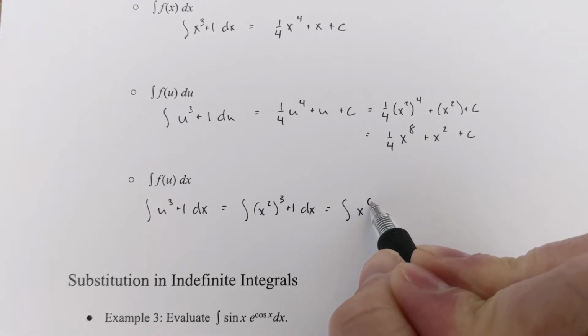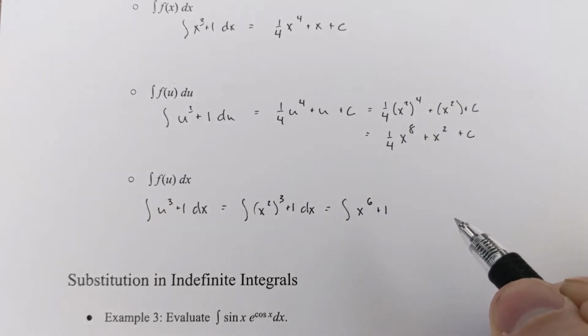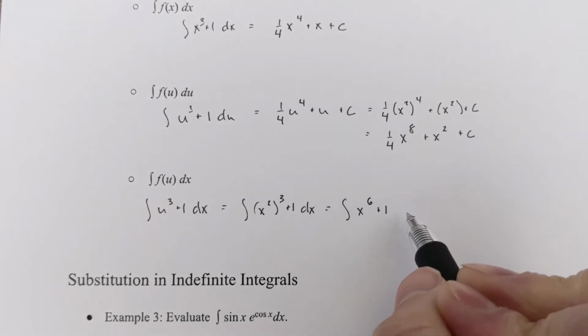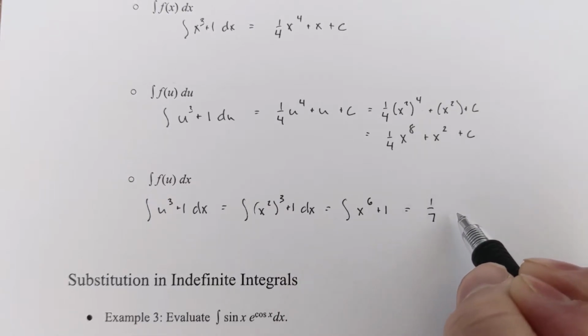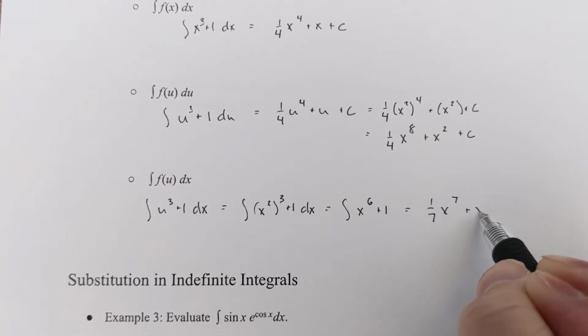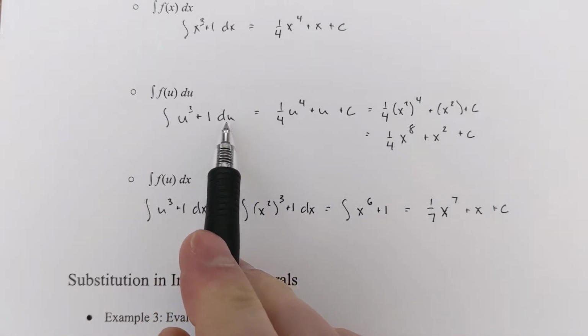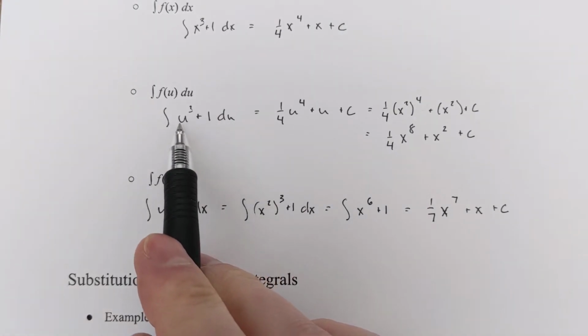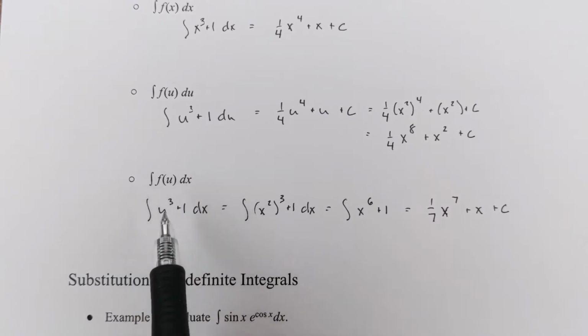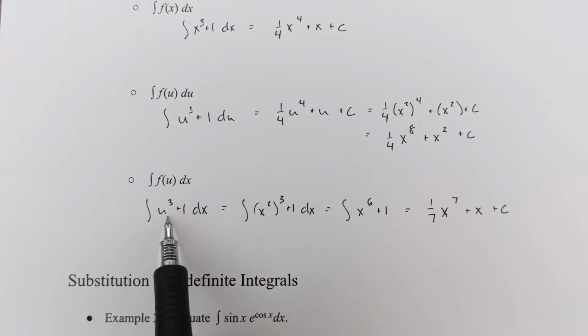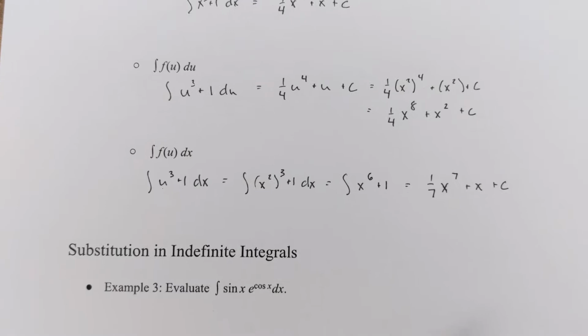So the antiderivative of x to the 6th plus 1, which would be 1/7 x to the 7th plus x plus c. So you have to be careful. This variable at the end tells you what the variable you should be looking for here is. So you can't do f of u dx because that's not the right variable. I need to substitute my x's already.